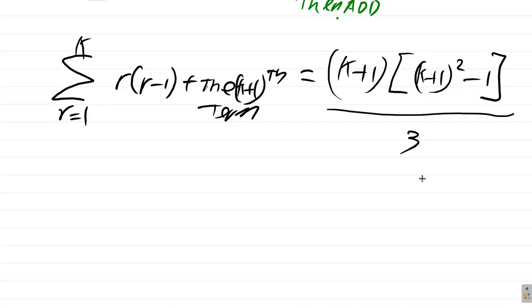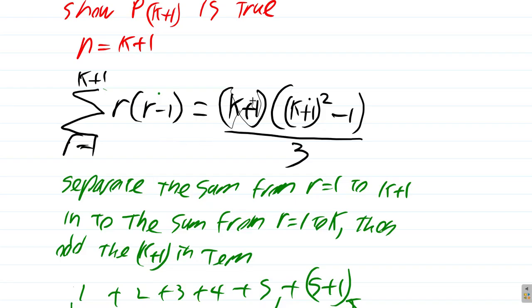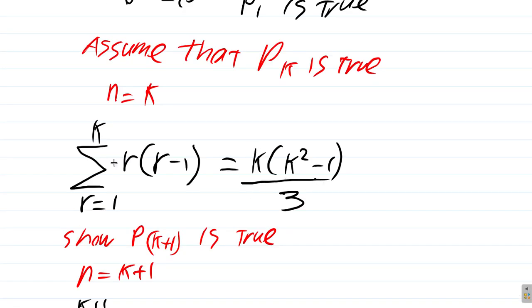Now, the sum from r equals 1 to k of r minus 1, what is that? Here it is: it is k squared minus 1 over 3. See?